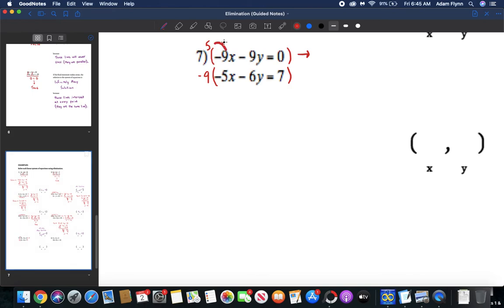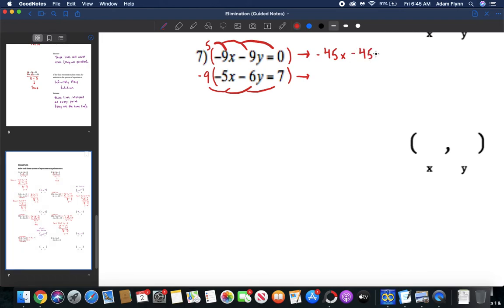So I know I'm going to distribute. That process doesn't change. I've just got an extra step here because I have to scale both of them. So if I do my top one first, 5 times negative 9x is going to be negative 45x. 5 times negative 9y is going to be negative 45y.